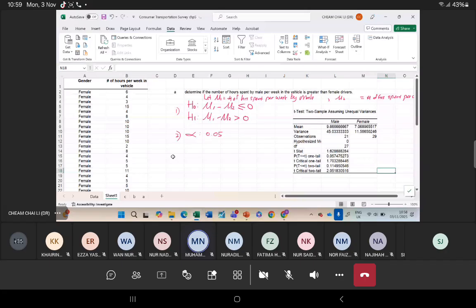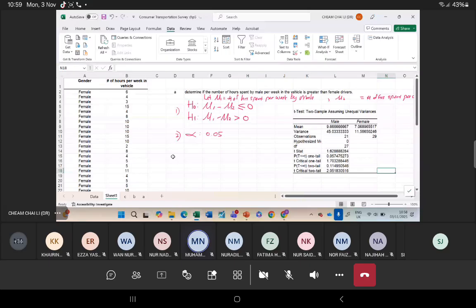Semua dah ada jawapan macam ni? Right, you see, tadi kita select 2 sample t-test, assume equal variances. So you check on the variance, definitely they are not equal, right? So ini betul lah cara kita select betul for equal variances. And hypothesized mean is 0, degree of freedom is 27.